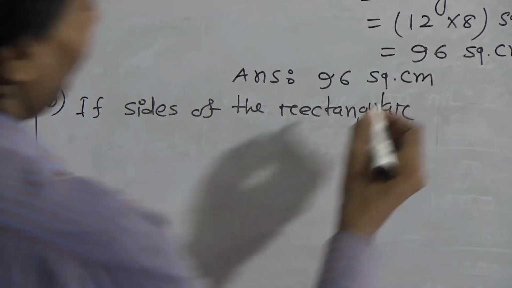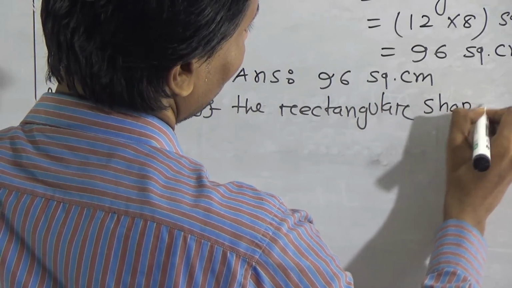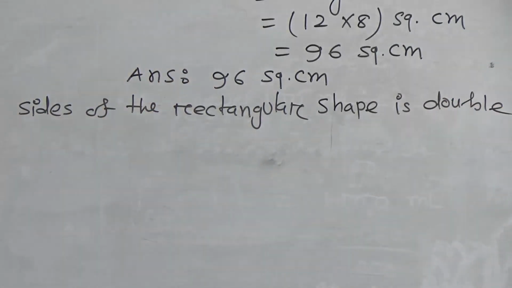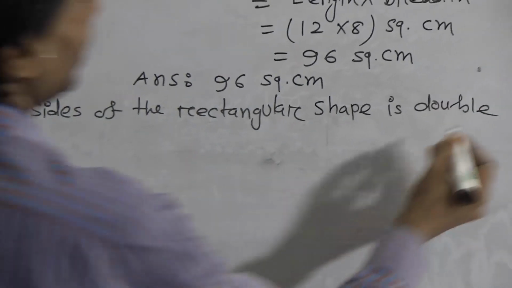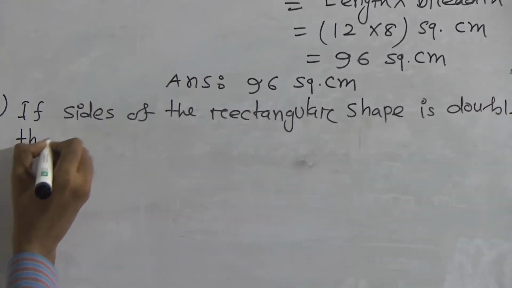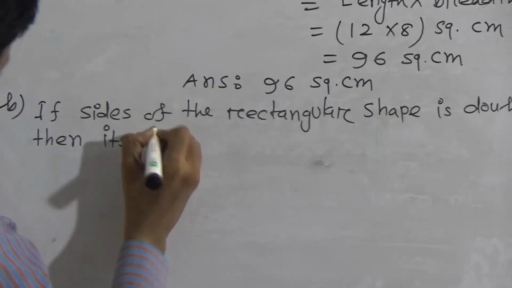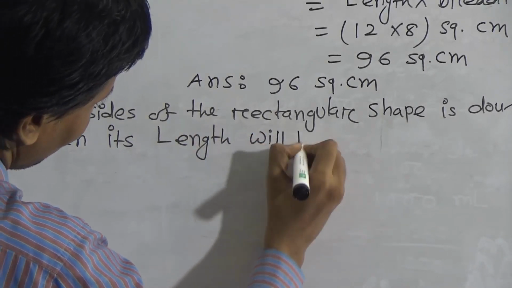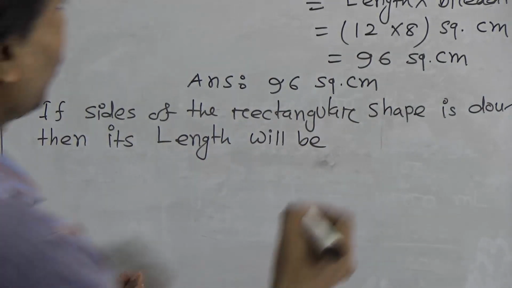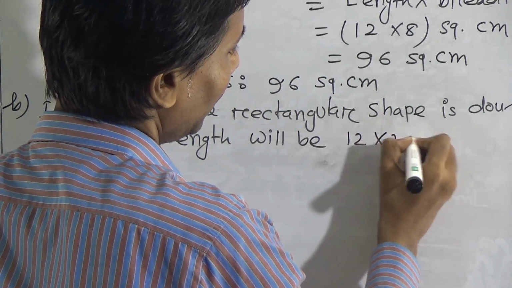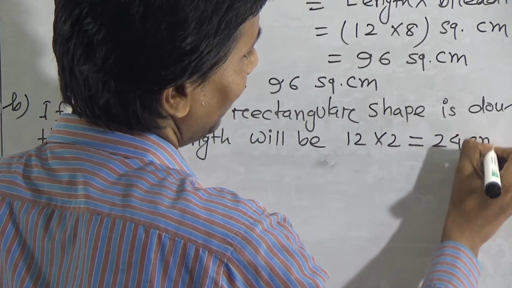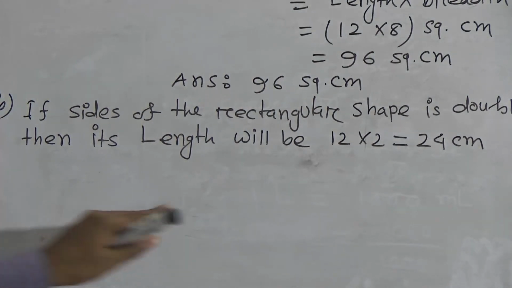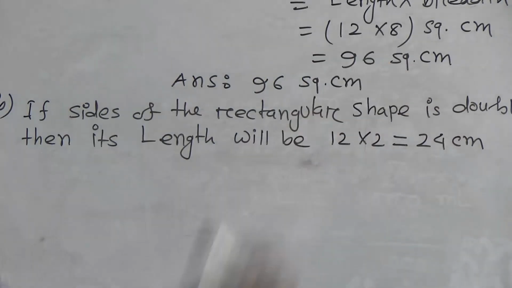If sides of the rectangular shape is double, then its length will be what? Double, that means 12 into 2, that means 24 centimeter.